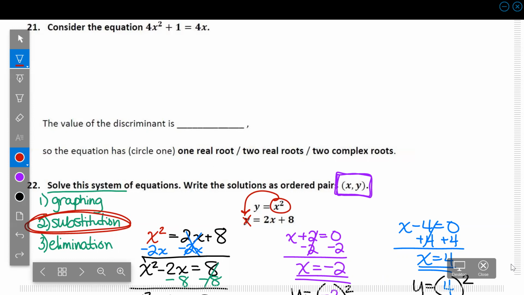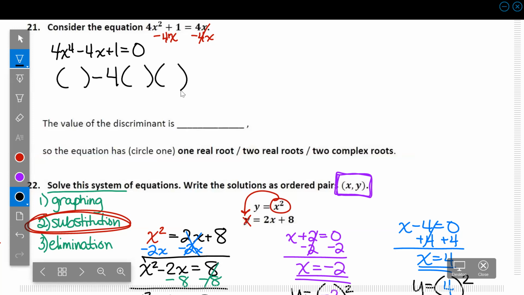What happens on this one? Minus 4x on both sides. I have to keep them in order, so the x squared stays first. 4x squared minus 4x plus 1 equals 0. Plug into my discriminant formula. What am I putting in for B, the thing that I'm going to square? -4.